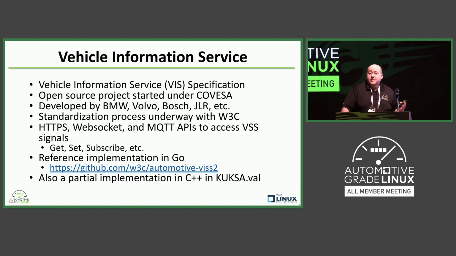There's a reference implementation of the server in Go, which is up on GitHub. It's at this point not particularly heavily maintained. The V2 spec is pretty stable and isn't changing dramatically.